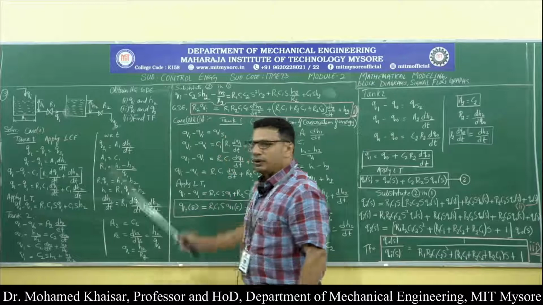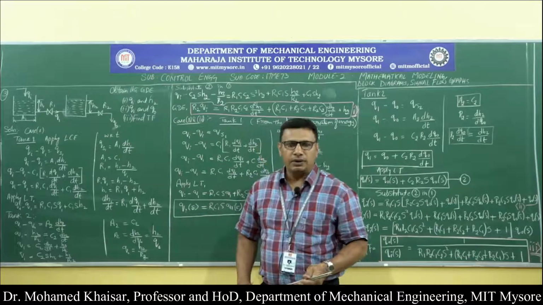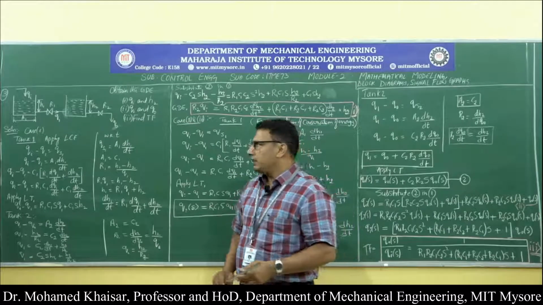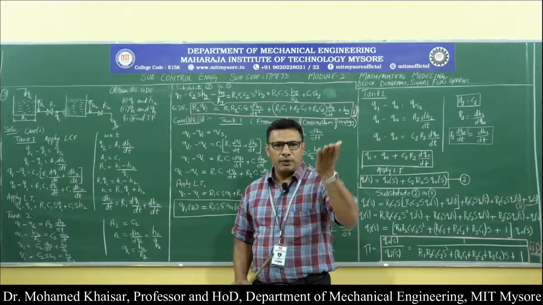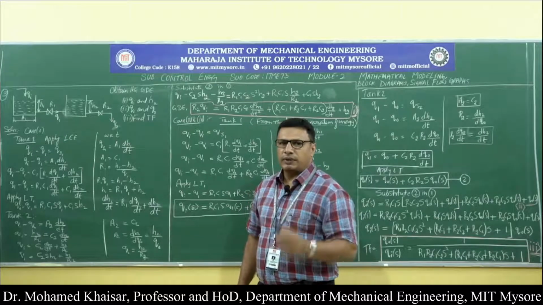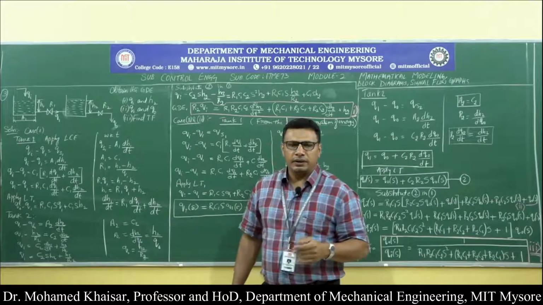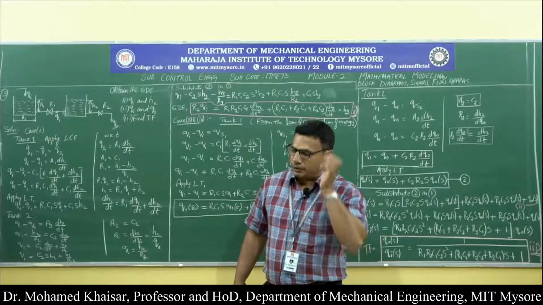Now let us get into one more problem. In the previous problem that we solved, problem number 2, one tank was above and another tank was below, because of which we could consider one tank at a time, and go on to find the transfer function in terms of q naught by qi.